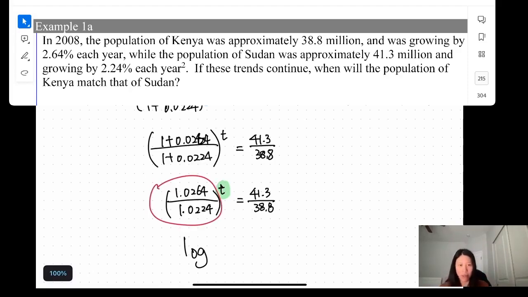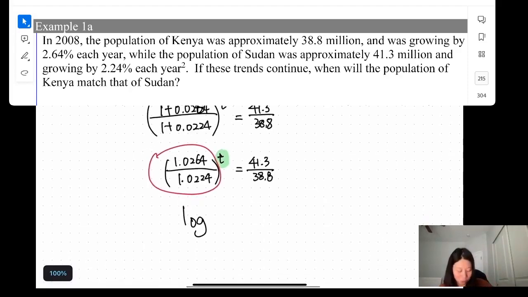It looks scary, but the calculator will do the work for you. So this is going to be log base 1.02684 over 1.0224, of the top, because these two swap. The top is 41.3 over 13.8, equals t.